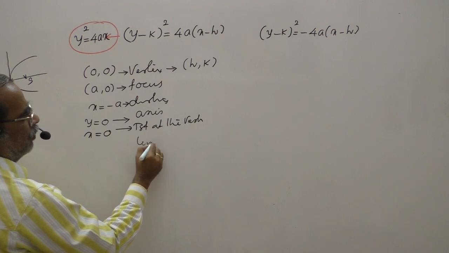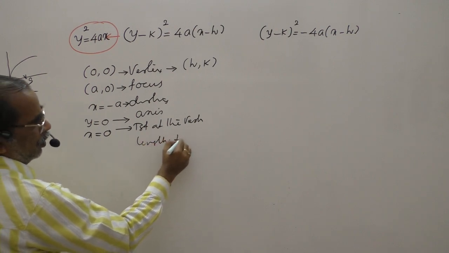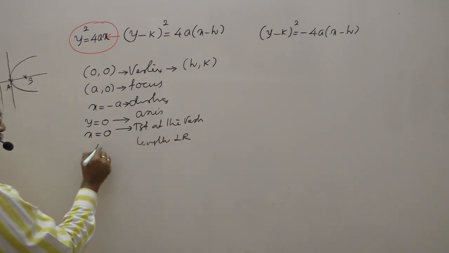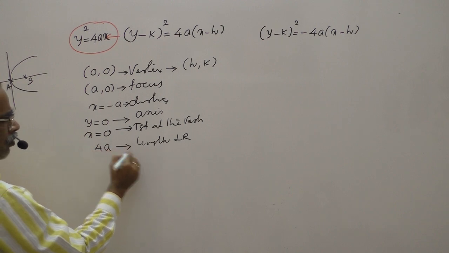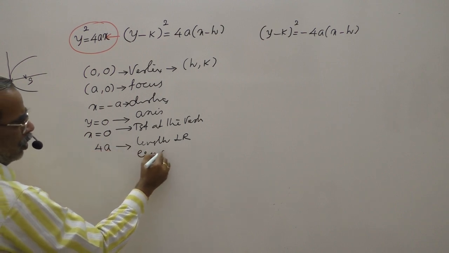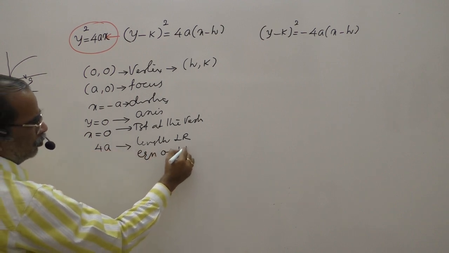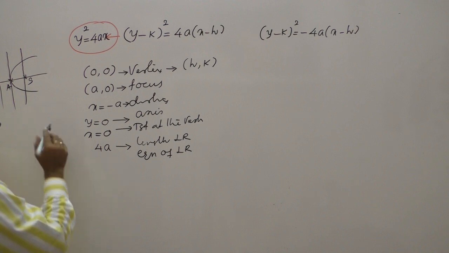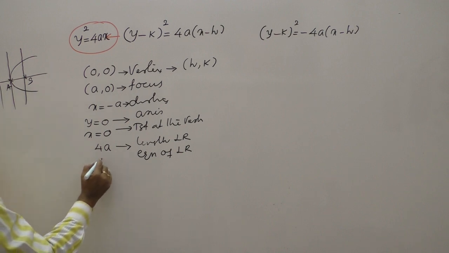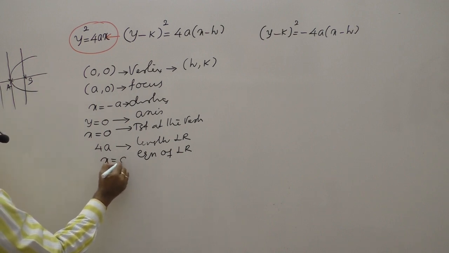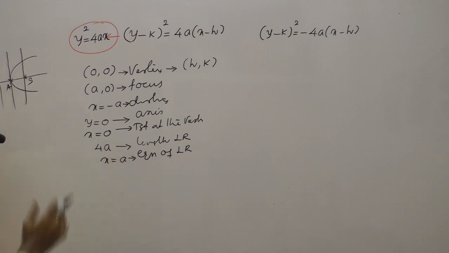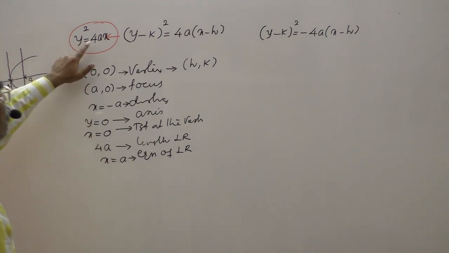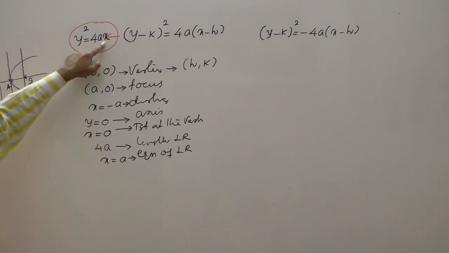Next, the length of latus rectum. The length of latus rectum is 4a for this. And the equation of latus rectum? This line is the latus rectum, whose equation is x equal to plus a. Listen carefully now. So this is y square equal to 4ax.